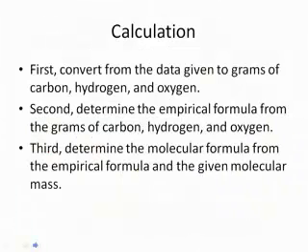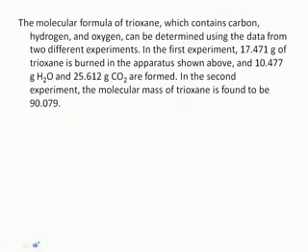So again, we're going to convert the data that we get, which is going to be grams of water and grams of CO2, into grams of carbon, hydrogen, and oxygen if we know it's present in the substance. Then we're going to determine the empirical formula the same way we did before. And then if we know the molar mass, we can use the empirical formula with the molar mass to find the molecular formula. So we're just adding a little thing up front with this.